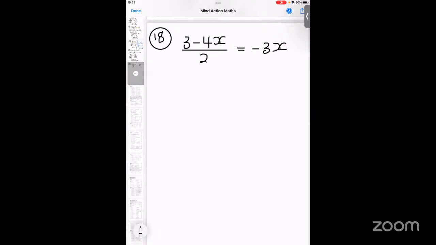Let's see what Katlego has done. So it is that multiplying that. Okay.